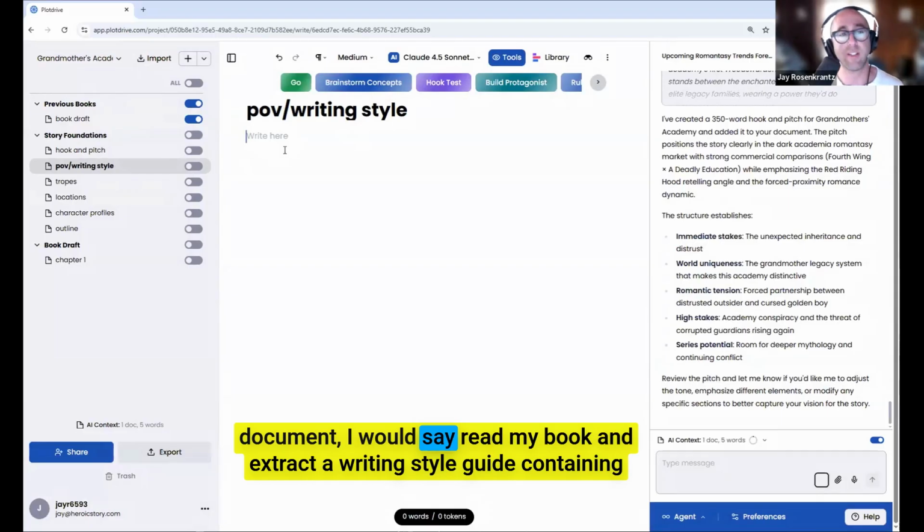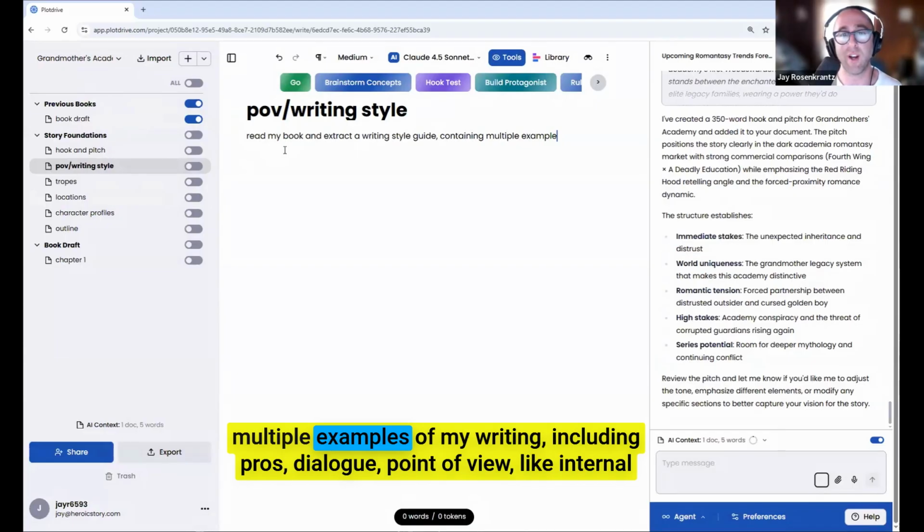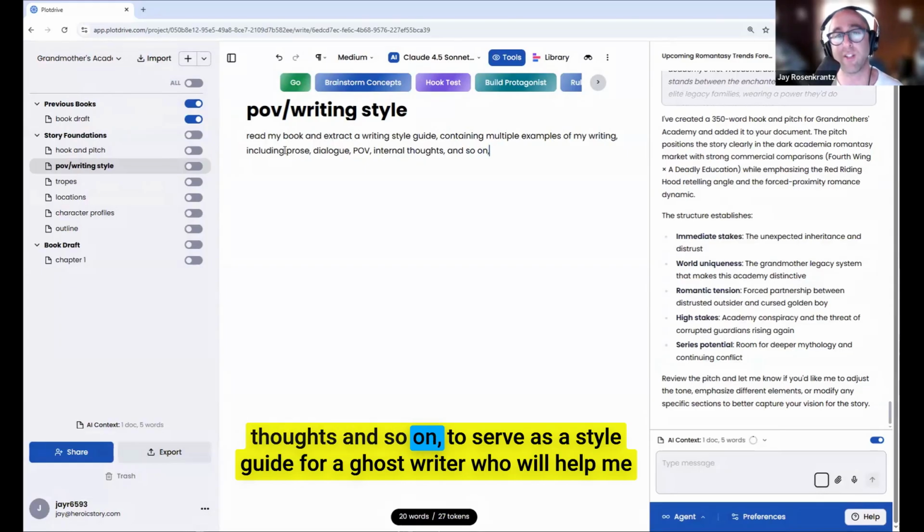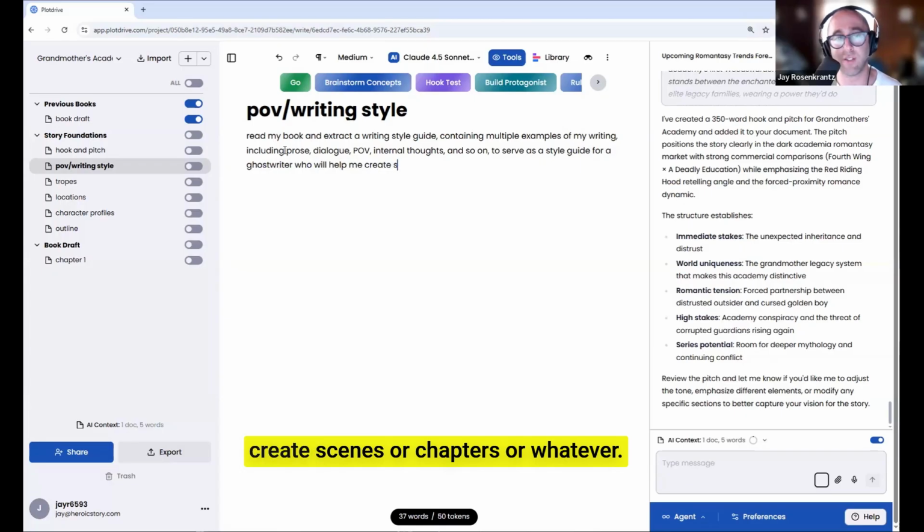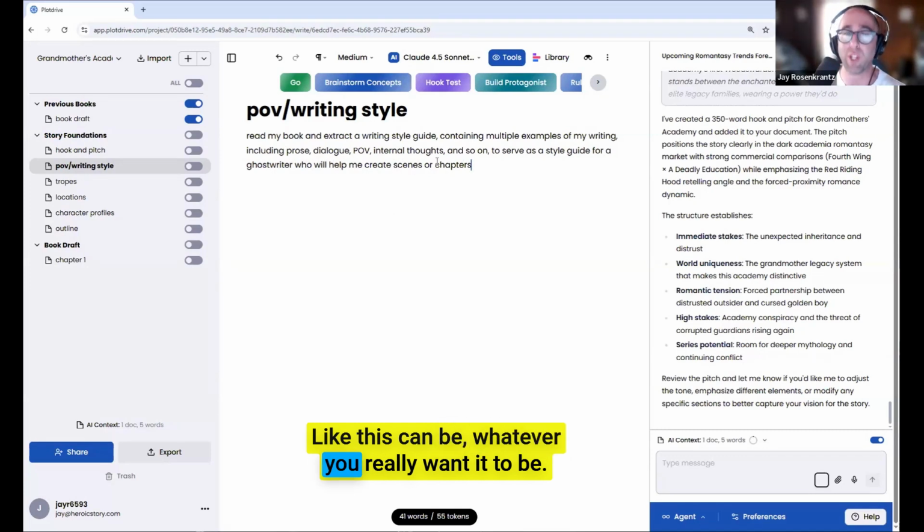I would say, read my book and extract a writing style guide containing multiple examples of my writing, including prose, dialogue, point of view, internal thoughts, and so on, to serve as a style guide for a ghostwriter who will help me create scenes or chapters or whatever. This can be whatever you really want it to be.